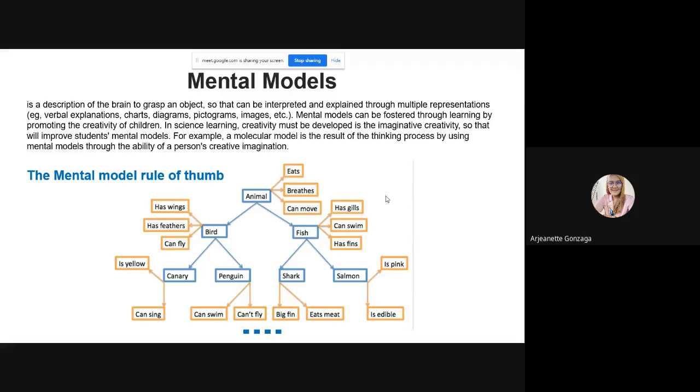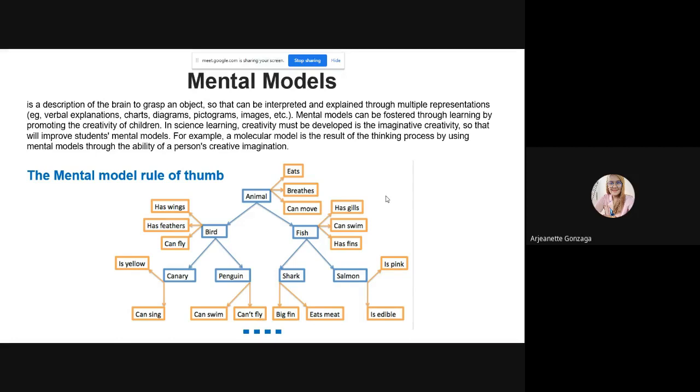Mental models can be fostered through learning by promoting creativity of the children. In science learning, imaginative creativity must be developed so that the students will improve mental models. For example, the molecular model is the result of a thinking process using mental models through the ability of a person's creative imagination.